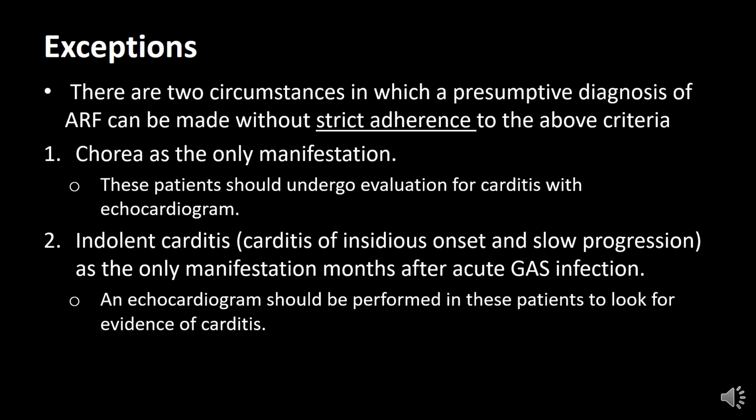They must be evaluated for any existing carditis. Number two is those children who come in with carditis, which is usually of slow onset, insidious in nature. They will usually come much, much later after the streptococcal throat infection. And again, these children must be continually checked with echocardiography to rule out serious carditis.